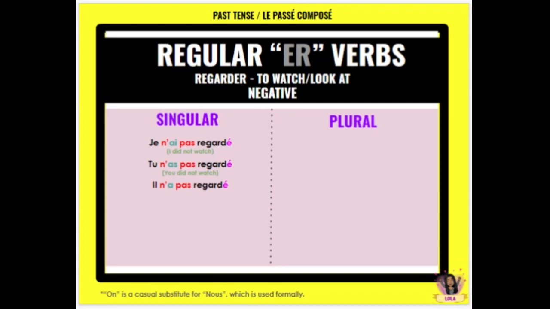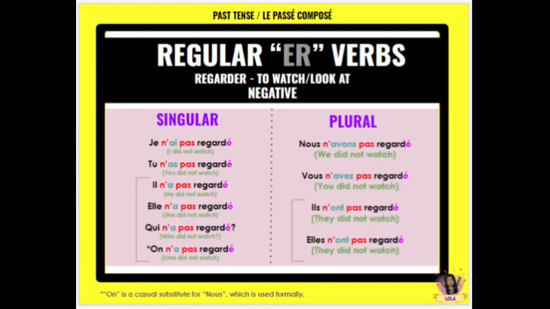Il n'a pas regardé. And then, of course, so on and so forth. Elle n'a pas regardé. Qui n'a pas regardé? On n'a pas regardé. Nous n'avons pas regardé. Vous n'avez pas regardé. Ils n'ont pas regardé. Elles n'ont pas regardé.